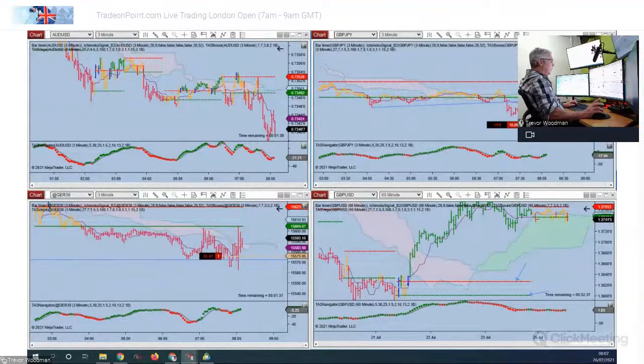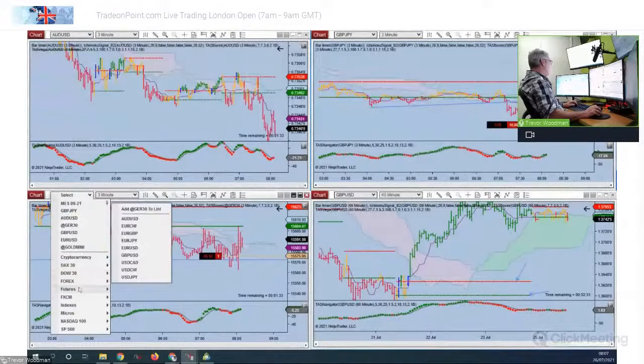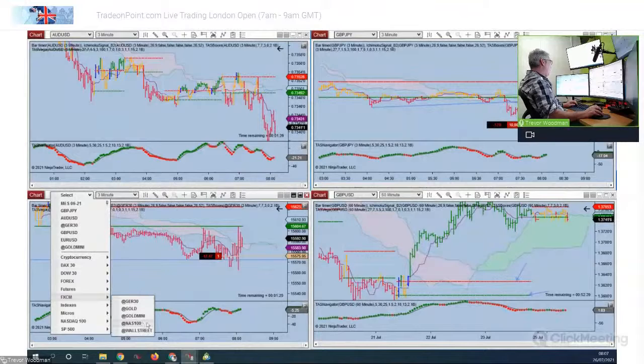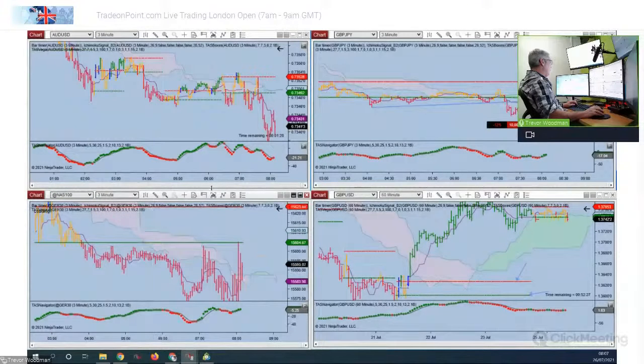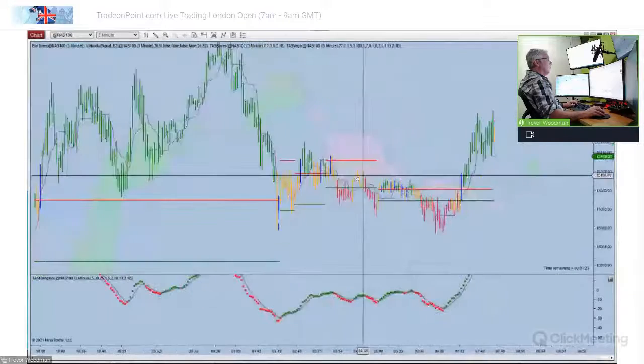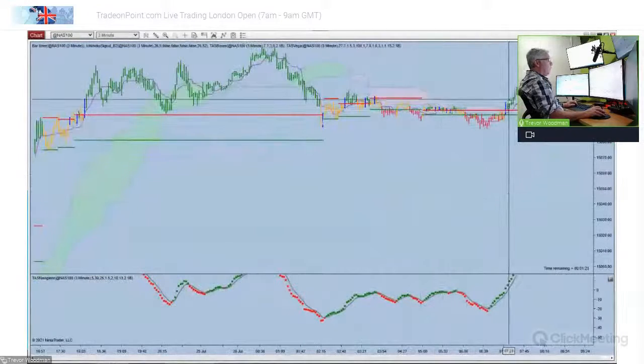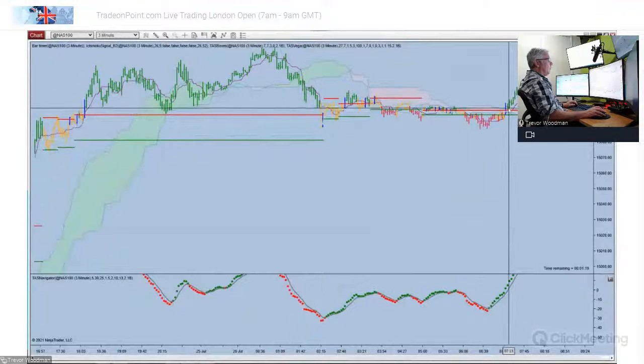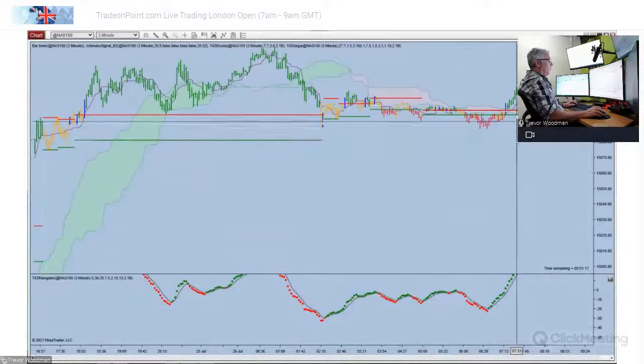The Nasdaq is a phenomenal instrument to trade as well. If you're into trading, that would have been the better trade there.